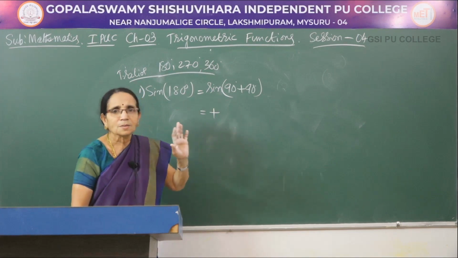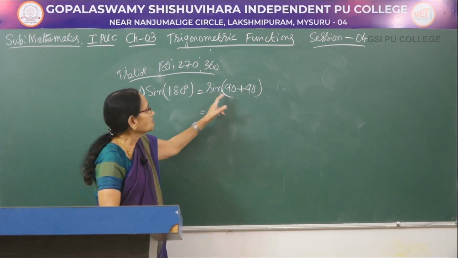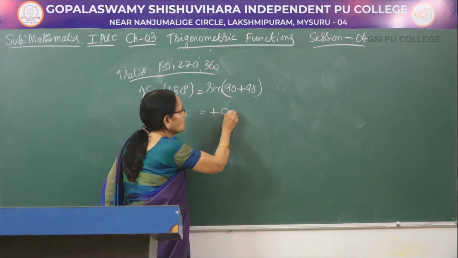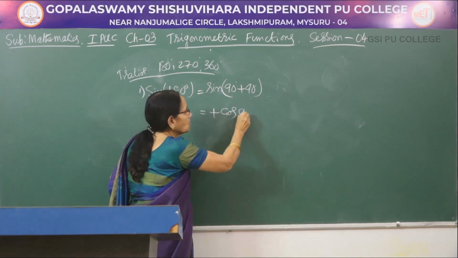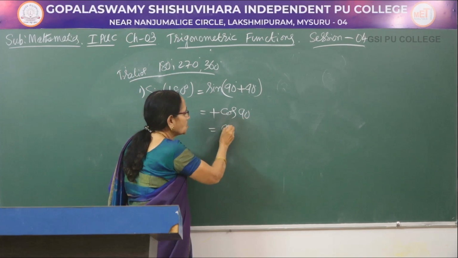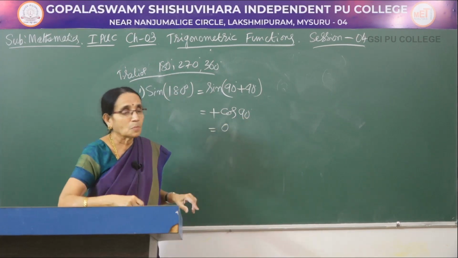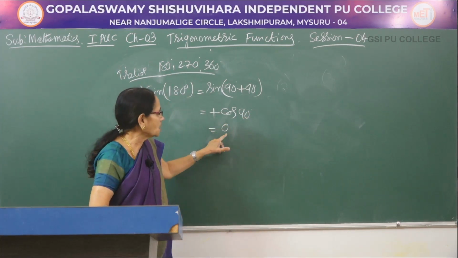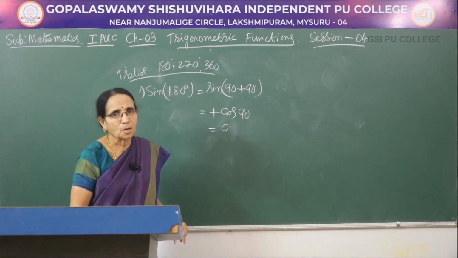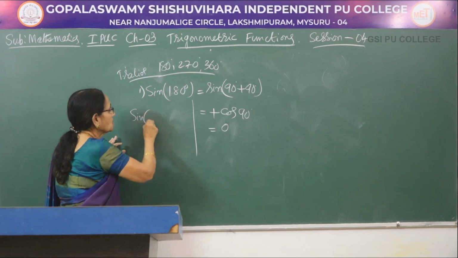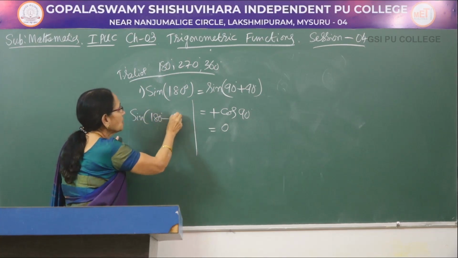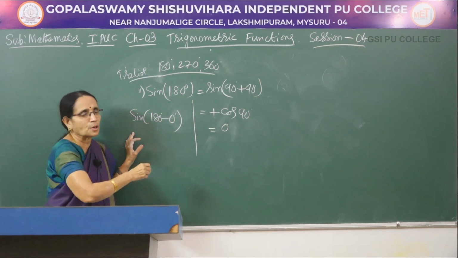Now, sin would be changed over to cos, isn't it? So, omitting this, I take cos 90. What is cos 90? You have seen the table in the previous session: cos 90 has the value 0.